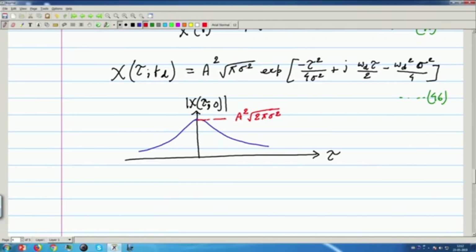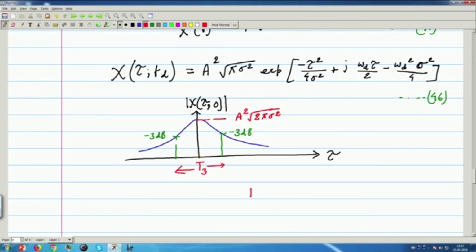If I take a 3 dB cut, that means from the peak I go 3 dB down. So, this is minus 3 dB, and since it is a symmetric curve, on both sides minus 3 dB, and this separation, let me call it T3.